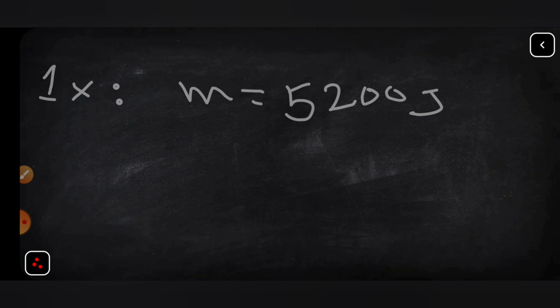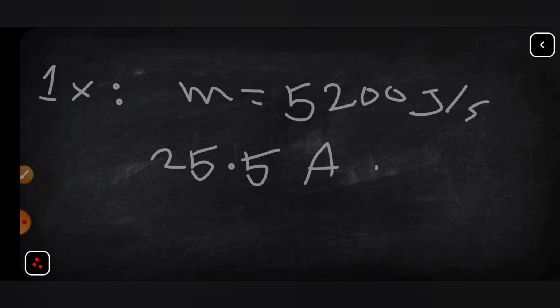As our first example to be solved, we are dealing with a situation where we deliver mechanical energy to a DC generator at 5200 joules per second. And our generator converts the mechanical energy into electrical energy by delivering 25.5 amperes of current at a voltage of, let's say, 110 volts.